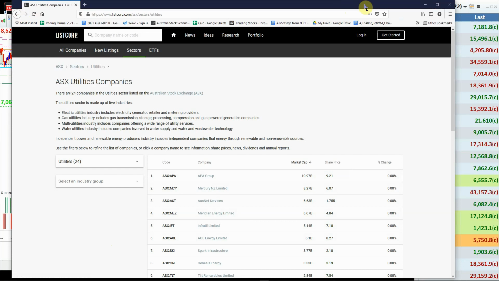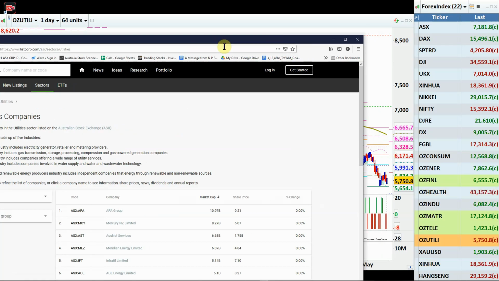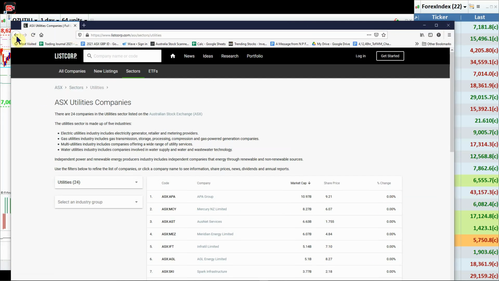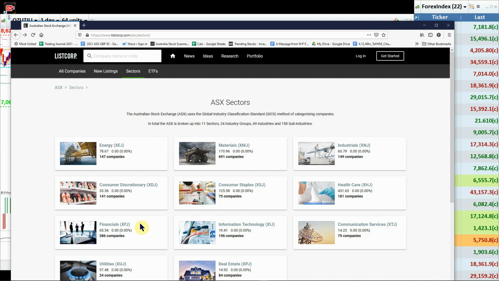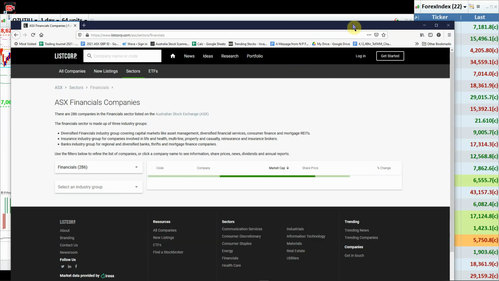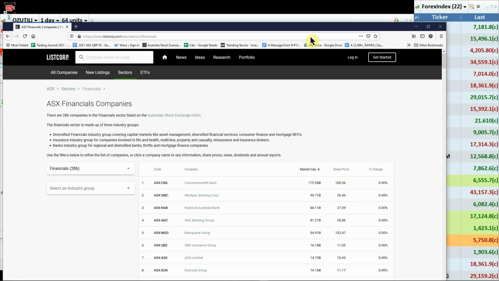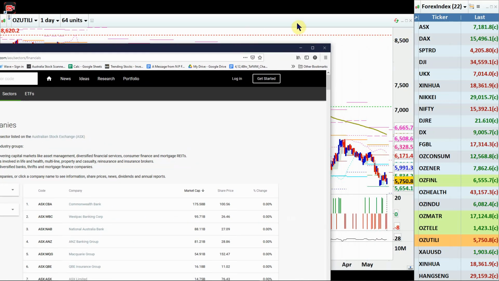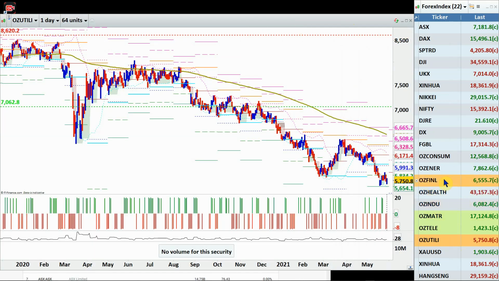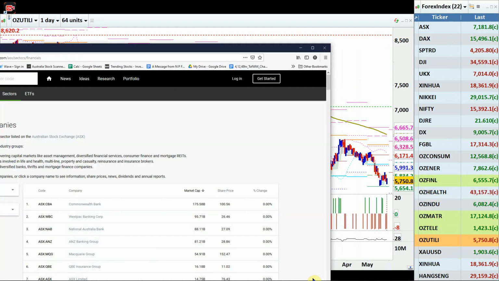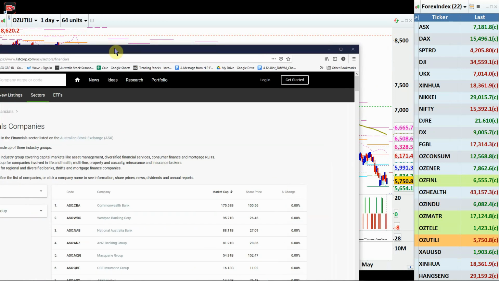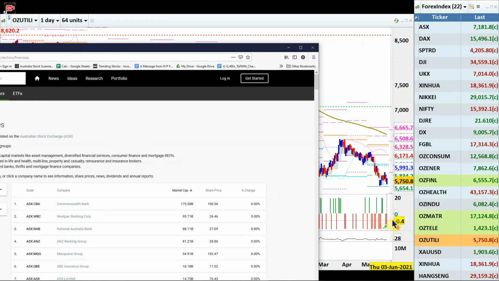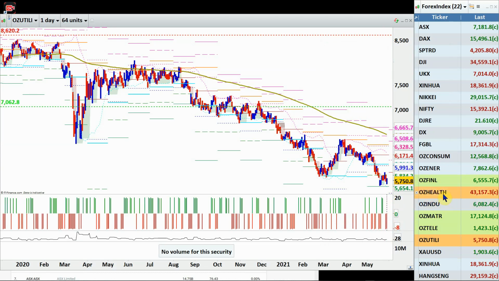If you want to go long financials, similarly go to financials and then select which one to trade, for example CBA. That is the relationship between the fundamentals and the technicals. But first things first, scan through in 1 minute, highlight this in 30 seconds, and then see the list, find these companies and then trade.